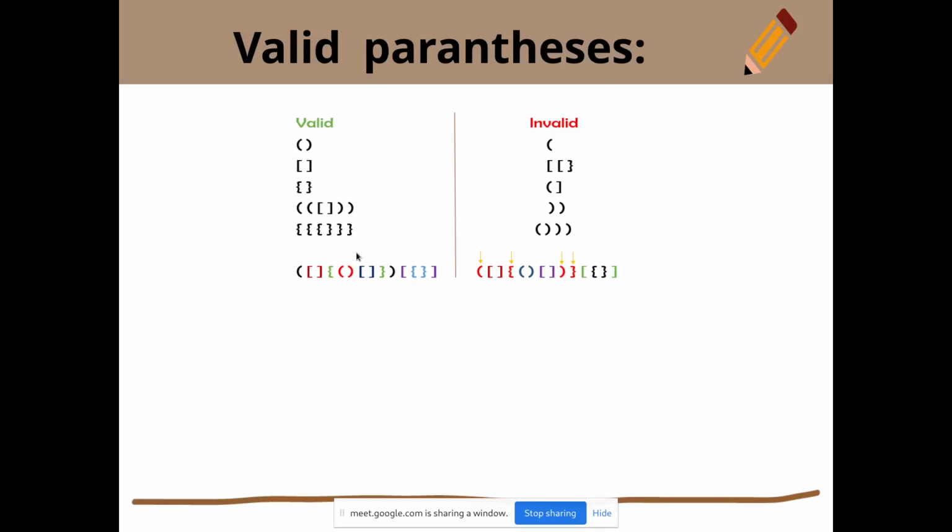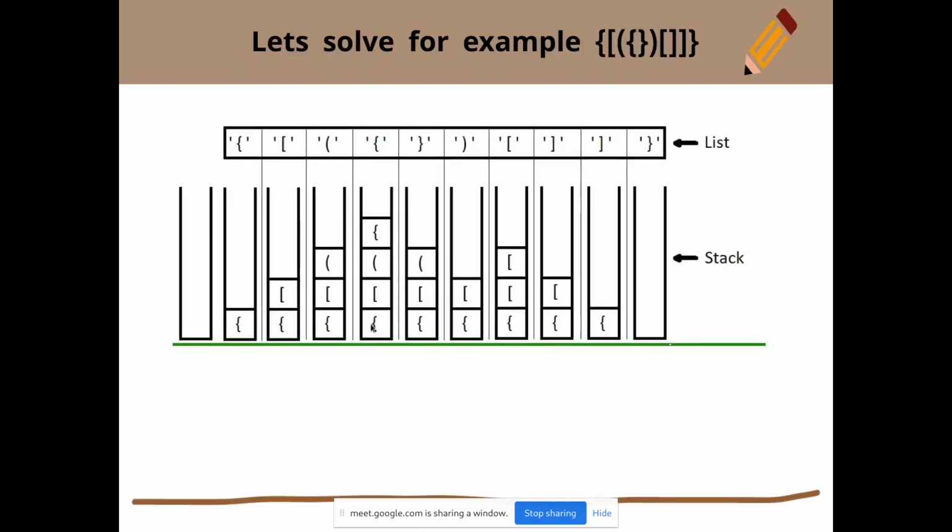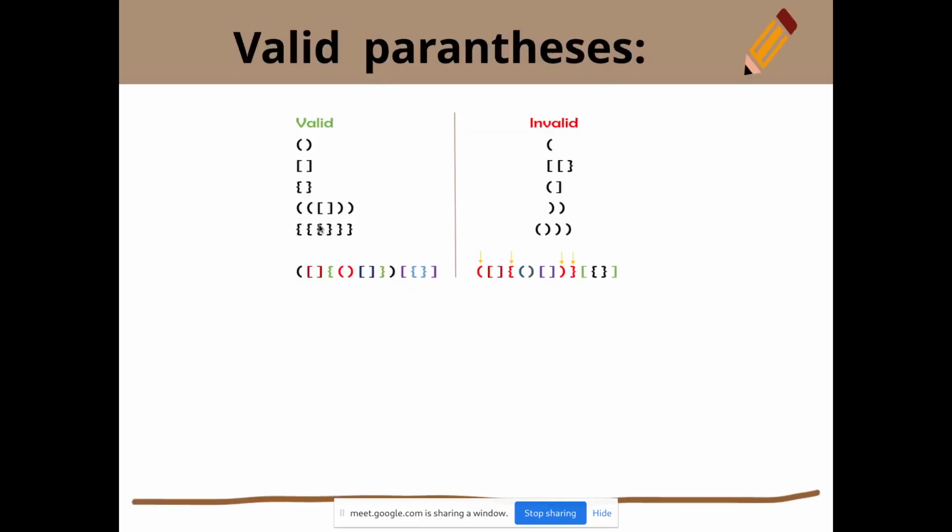Okay, one doubt. Suppose this bracket is there, right? Can you see the mouse pointer? Yeah, I can see. Suppose this bracket I put over here and this bracket over here.